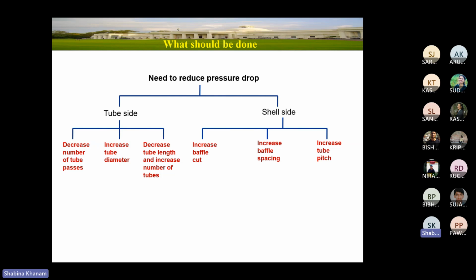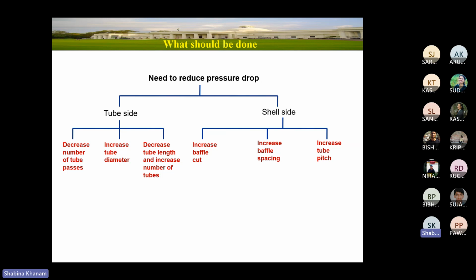How to consider each step, and if the design is not in a feasible range, how to bring it to the feasible range. Parameters means overall heat transfer coefficient and pressure drop. If that is within the permissible limit, we can have the valid design, right?